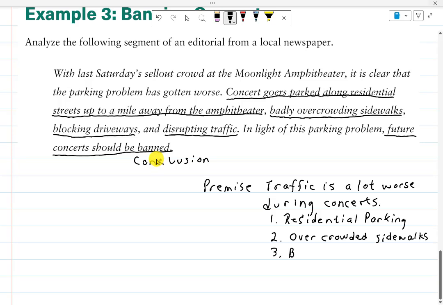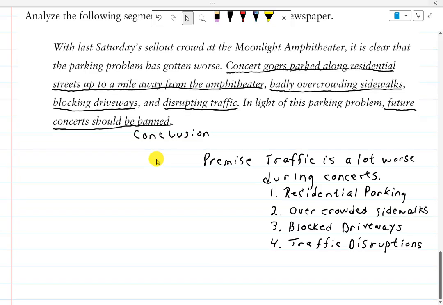Blocked driveways. And the last one was traffic disruptions. And of course, the conclusion we've already spoken about, that's this: future concerts should be banned.